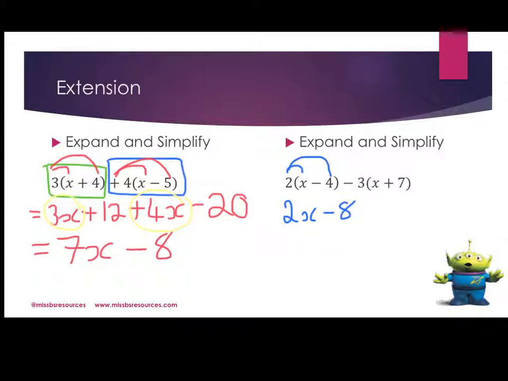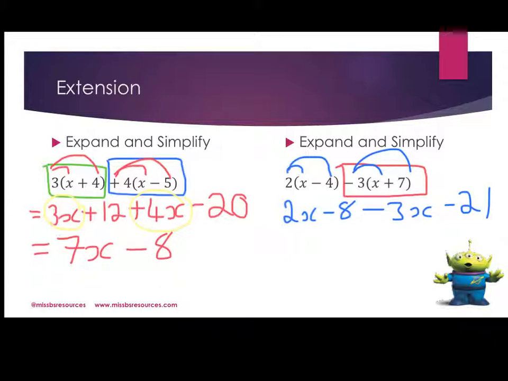Now remember what I said about it being important that you take into account what's in front of the number before the bracket. And it's a negative this time, negative 3. So we're going to do minus 3 times x and minus 3 times 7. So minus 3 times x gets us minus 3x. And minus 3 times 7 gets us minus 21.